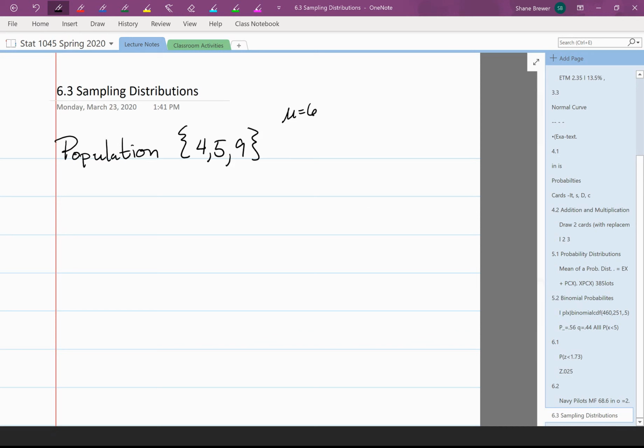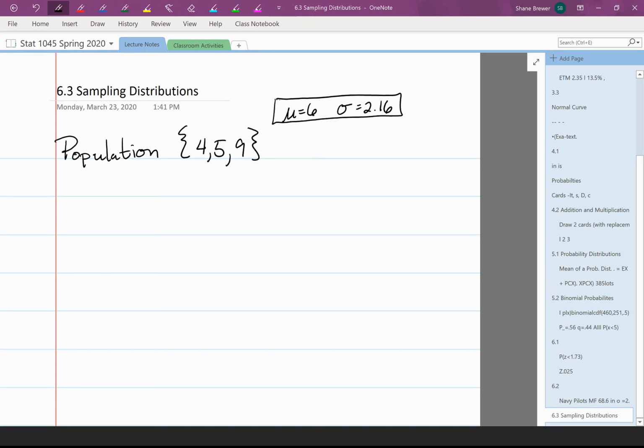The standard deviation is 2.16. Now, those are things we normally don't know about a population, but because we know the population, 4, 5, 9, then we know those things.